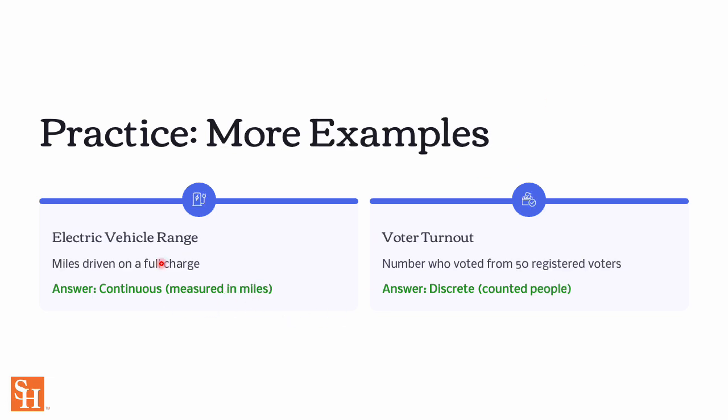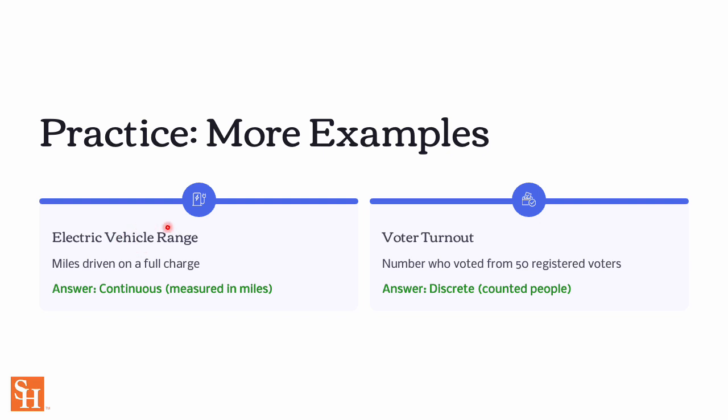Let us look into some more examples. Here, the miles driven by an electric car after a full charge. It is obviously a continuous variable, right? Because it could be anything. It could be say 320 miles or 320.1 miles, 320.5 miles, or it could basically take any value, right?